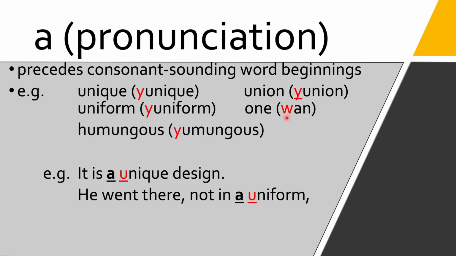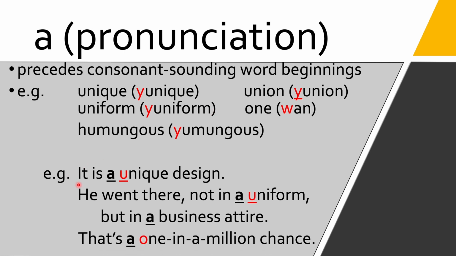Okay, sample sentences. It is a unique design, so we don't use an. An is for words beginning with vowel sounds. So here, ma'am, vowel din po ito. This is also a vowel. Why are we gonna use a? Okay, as I have mentioned earlier on, there's this invisible letter Y. Okay, so it is a unique design.